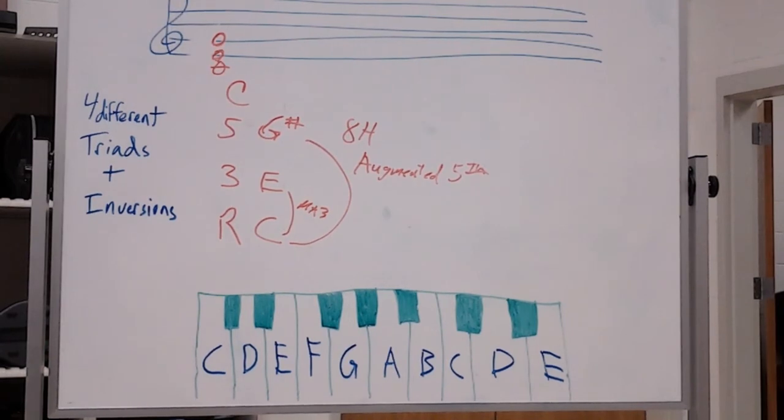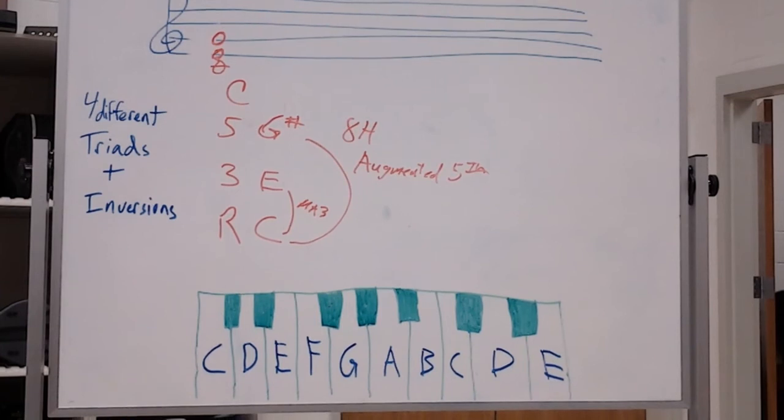Here's C to G, perfect fifth. Here's C to G sharp, an augmented fifth. Can be a more dissonant sounding interval. Okay, C, G sharp.